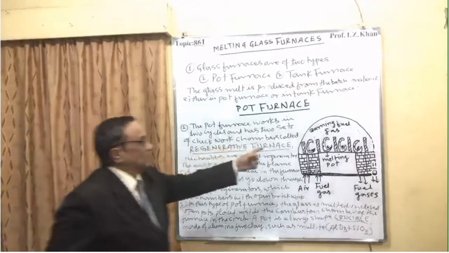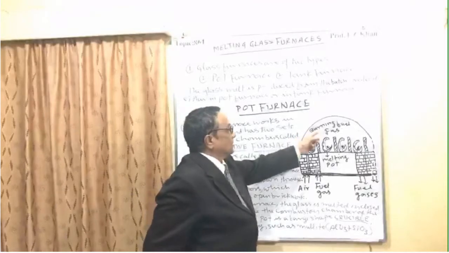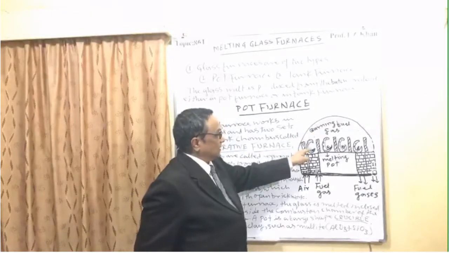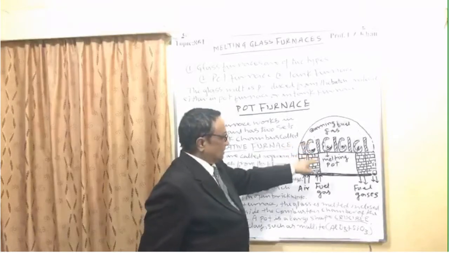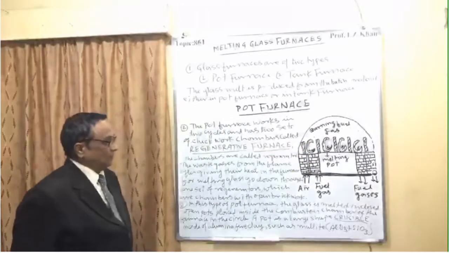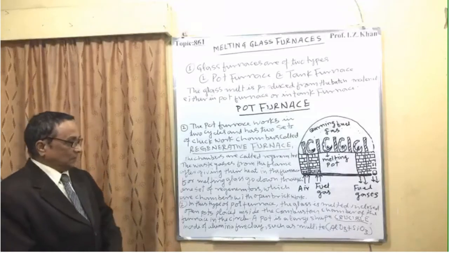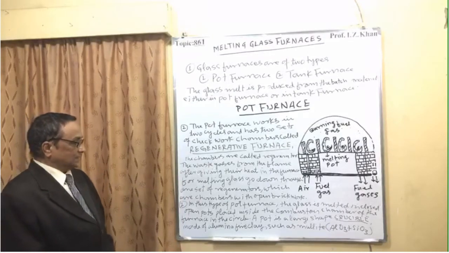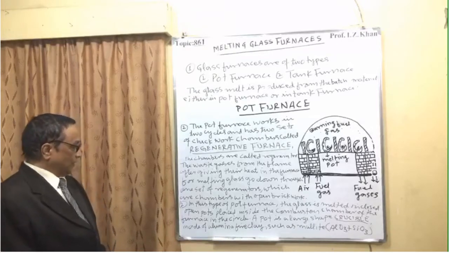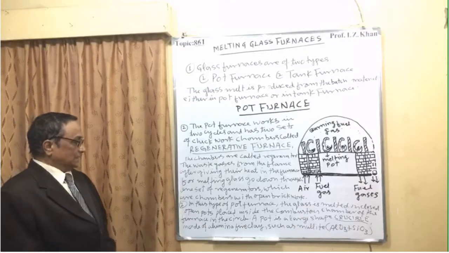And this is your combustion chamber. So inside the combustion chamber, whatever batch material is put in the melting pot, the crucible, will form glass material.